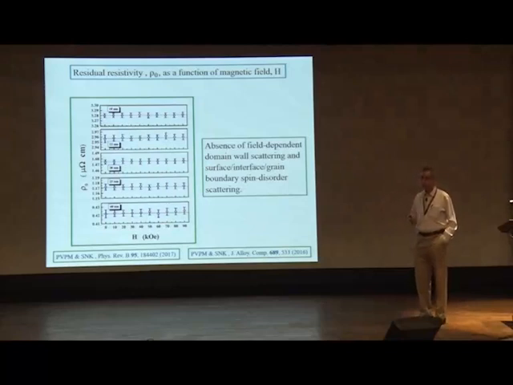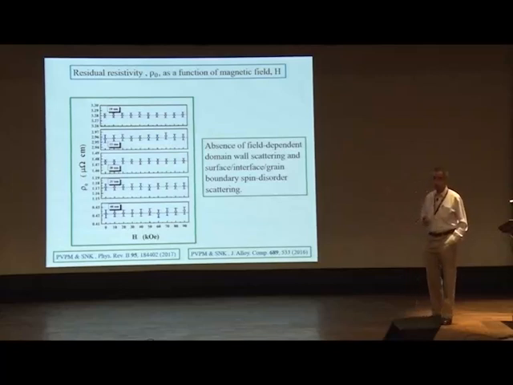So you could in principle have some contribution to the residual resistivity coming from the domain wall scattering, and also the fact that you have surface. At the surface you can have spin disorder that could also give an additional contribution to the residual resistivity in principle.